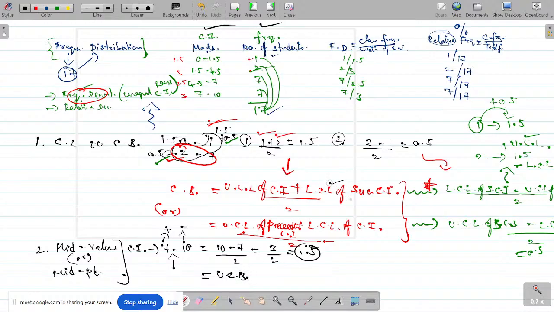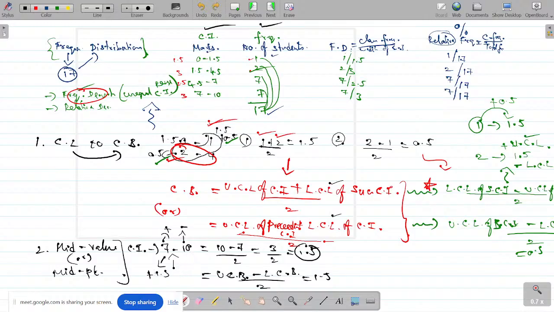Here we use boundary only, we should not have limits. Upper class boundary minus lower class boundary divided by 2. You will get 1.5. For this, you add 1.5; for this, you subtract 1.5.